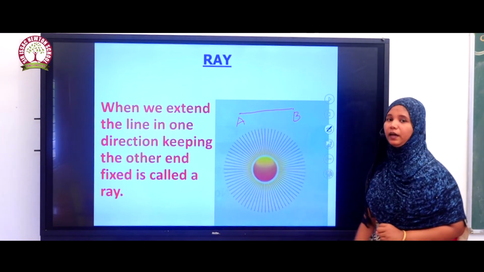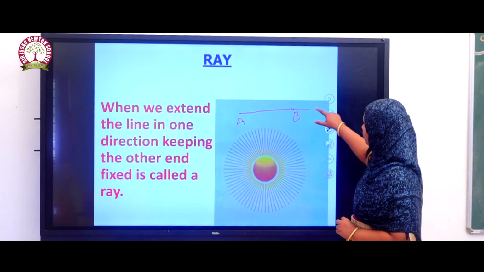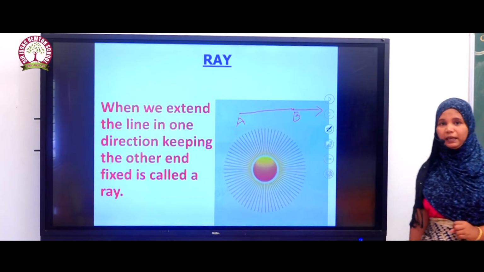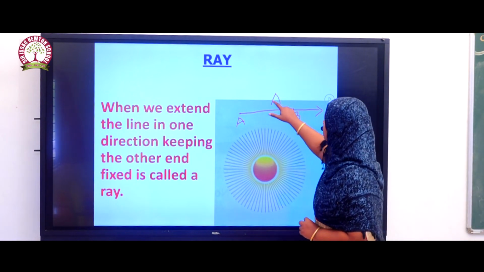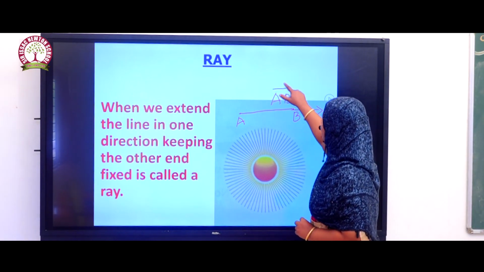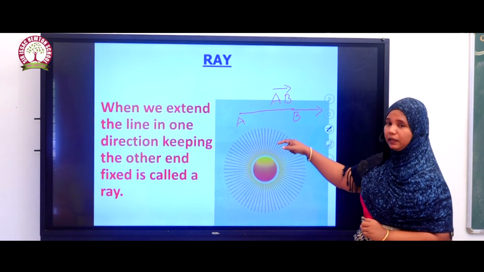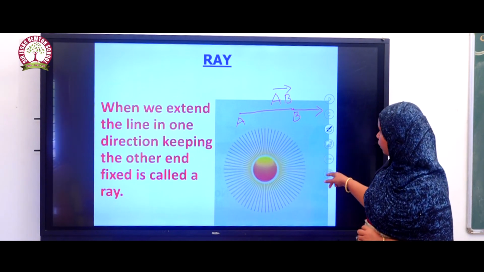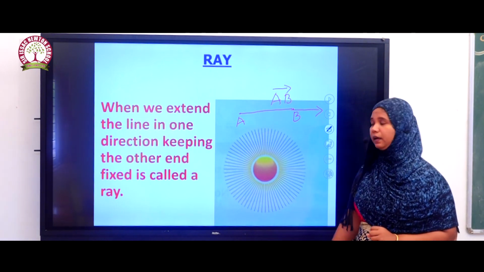The end points are A and B. Keeping the point A as constant, if I extend B in one direction, then I say AB is a ray, and this is how we represent a ray: AB with a one-sided arrow. A ray is when we extend the line in one direction, keeping the other end fixed.